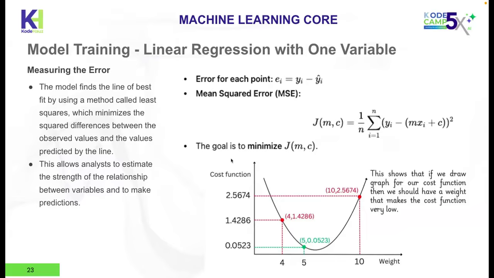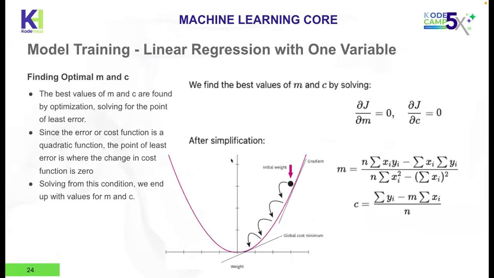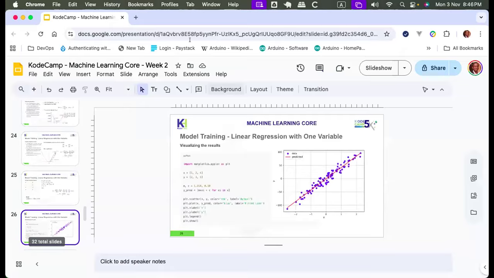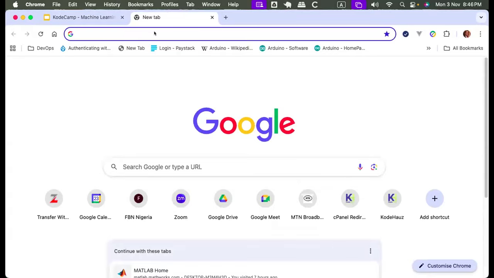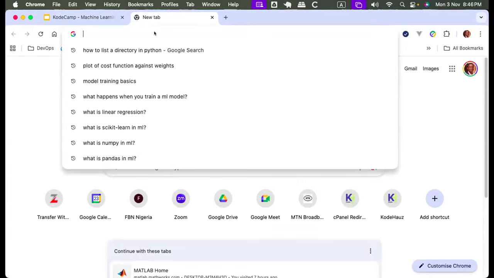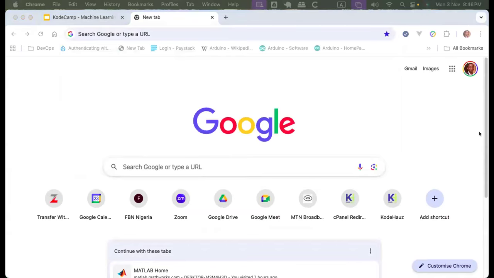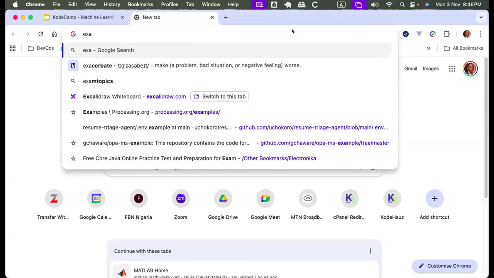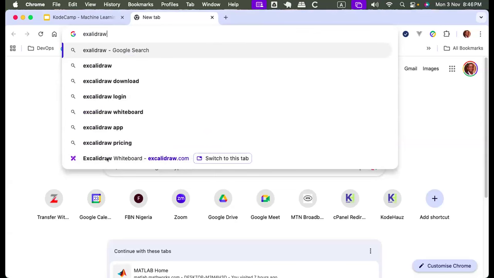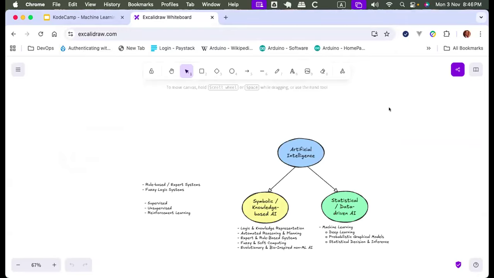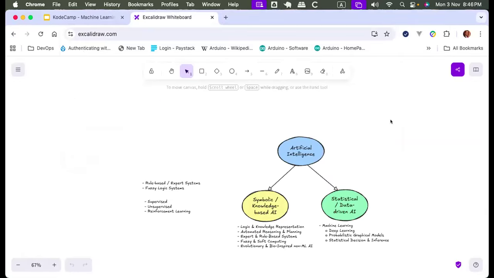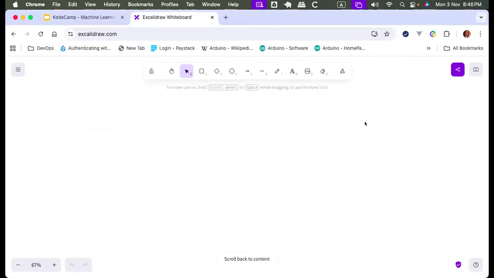Let me explain what we mean when we say least error, because we need to understand what's happening. I'm going to pull up something I like using for sketching. It's a very nice tool. It's called Draw, and I can use it to draw stuff. So I have a whiteboard here.